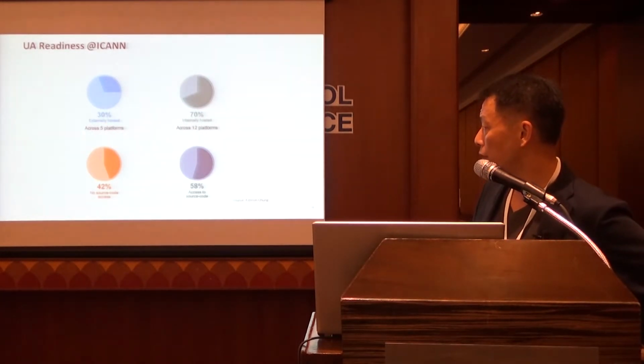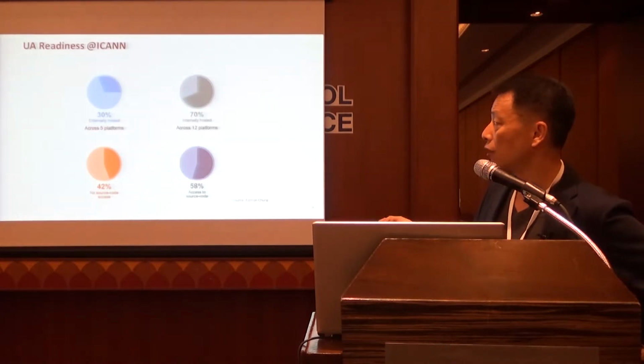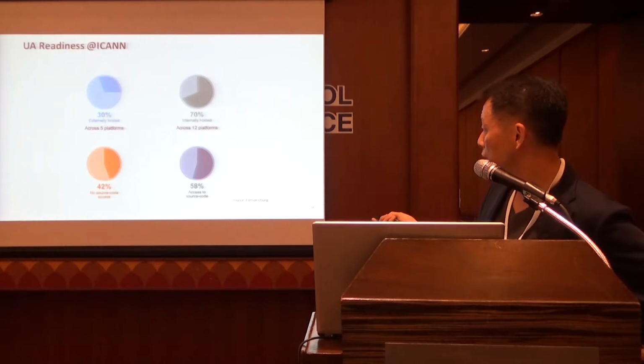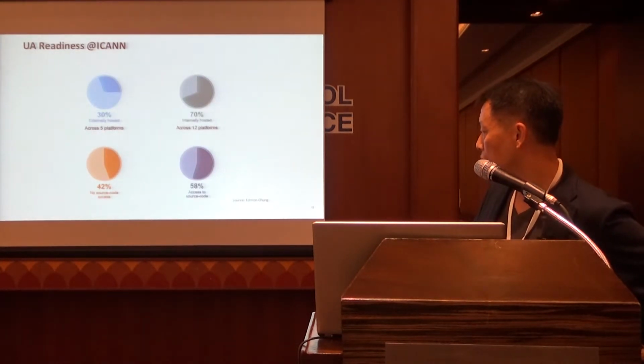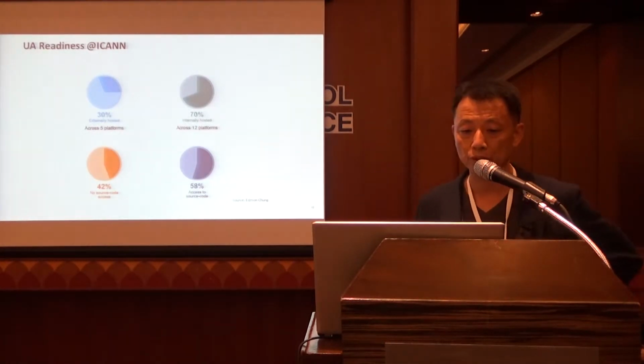For example, only 30% of externally hosted are verified by Universal Acceptance, 70% of internally hosted support UA, and 42% with no source code access can be certified by UA, while 58% with access to source code were certified by UA.